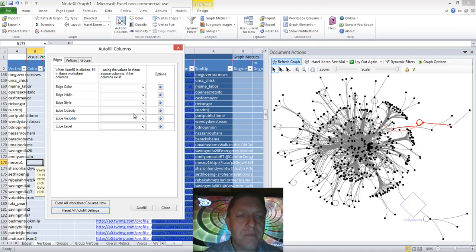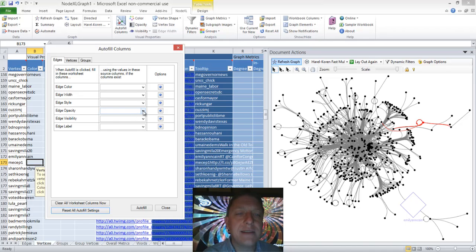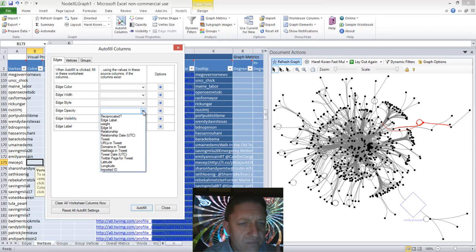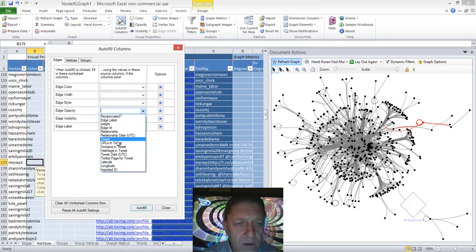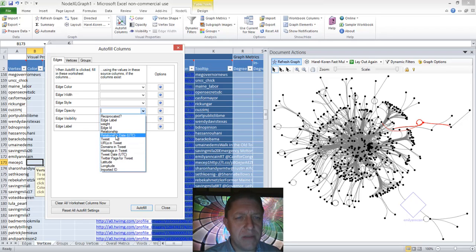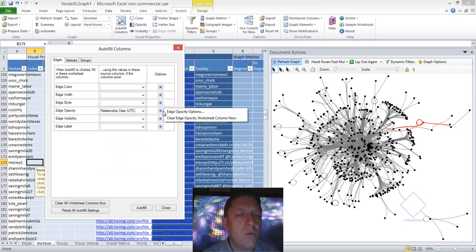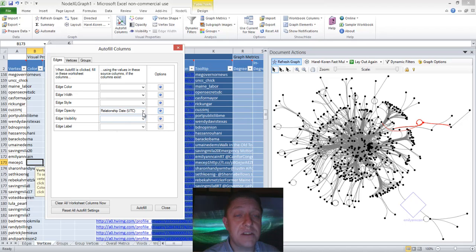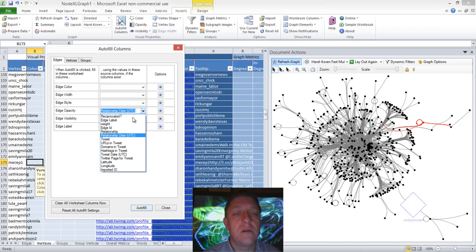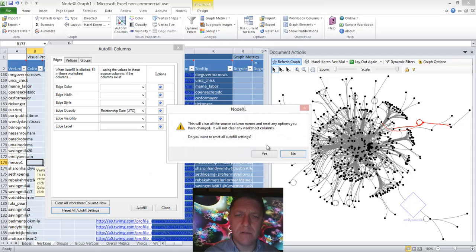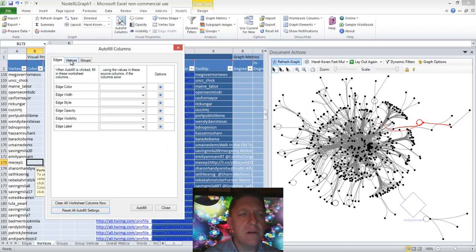For instance, I could set edge opacity according to the relationship date. So I could make more recent edges appear in a different fashion. That might be interesting. I don't think I'm going to do that. Yes, I'll reset them all.